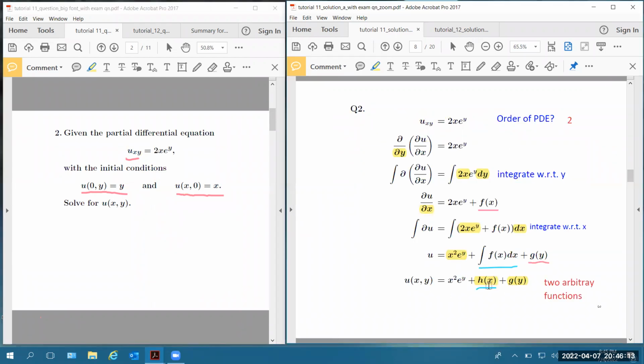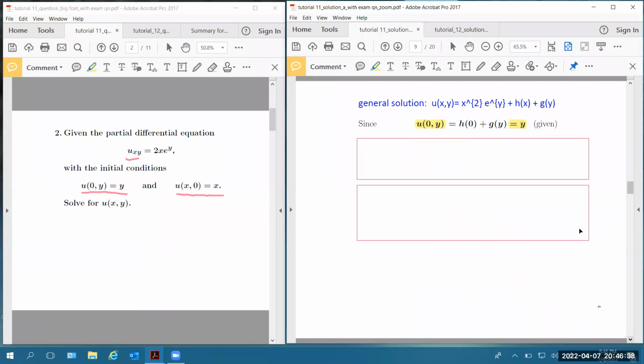So it's not just asking us to find the general solution. Because they give us two initial conditions, you need to make use of these two. This solution here contains arbitrary functions, and all solutions that contain arbitrary functions we call a general solution.